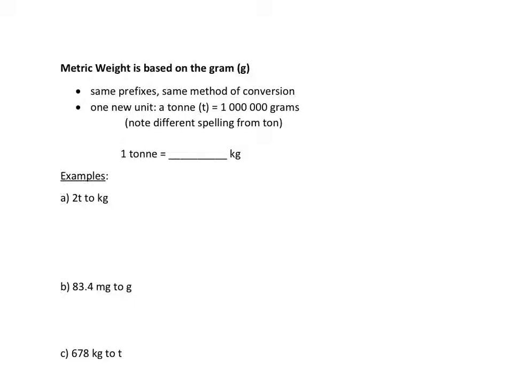It'll be 1,000 kilograms, okay? We don't use the in-between measurements as much with weight. So we'll use tons, kilograms, grams, and milligrams, and we won't use the ones between those nearly as much.